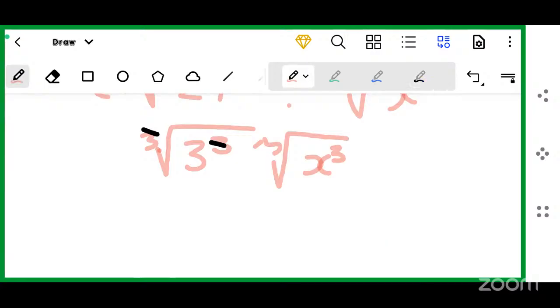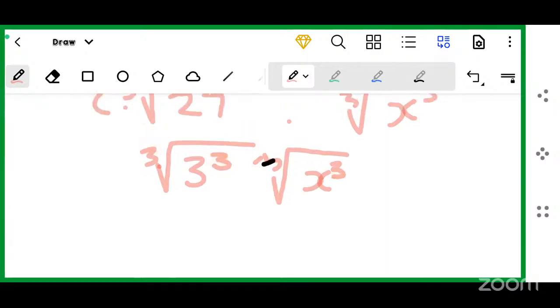No, I'm not done with the x. Yes, ma'am. Okay. So let me just do it like this. There we go. The 3's are gone, yes. It's going to be 3, cube root of x to the power 3.